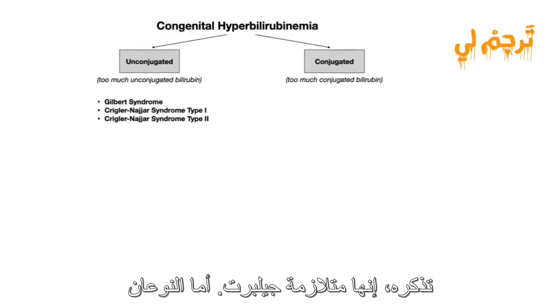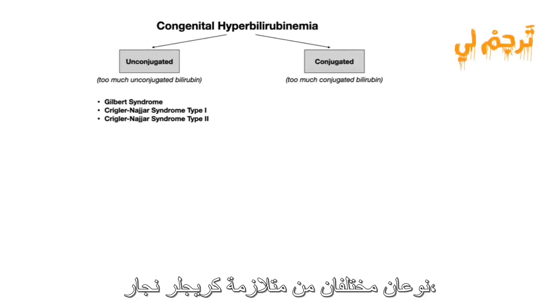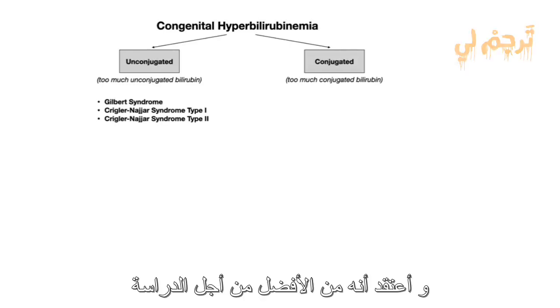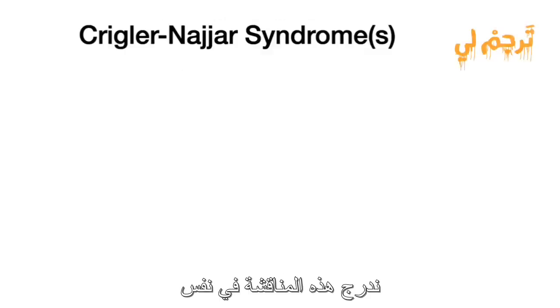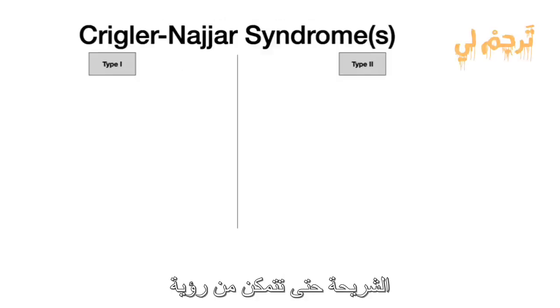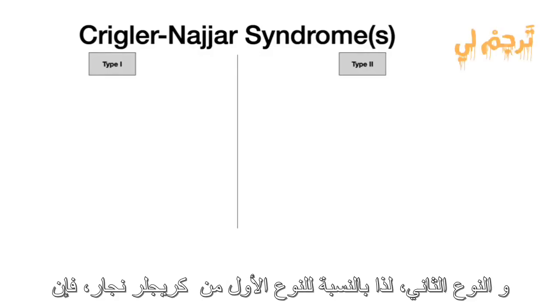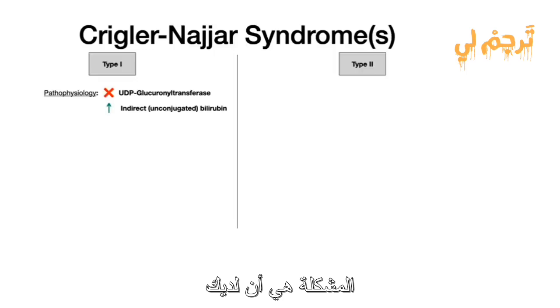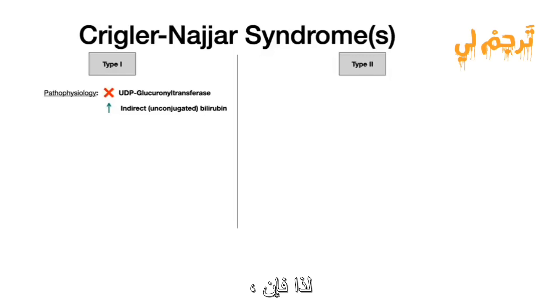The other two unconjugated congenital hyperbilirubinemia are the two different types of Crigler-Najjar syndrome. And I think for the sake of studying, it's probably best if we just include this discussion on the same slide so that you can see the differences between type 1 and type 2. So for type 1 Crigler-Najjar, the problem is that you have a complete dysfunction of UDP glucuronyltransferase, so a knockout basically. The enzyme just simply isn't there.